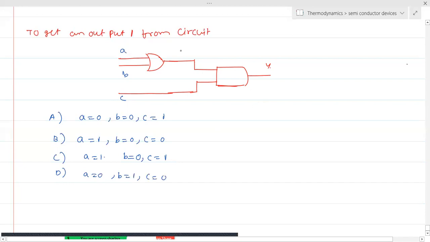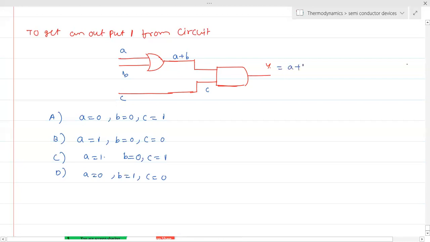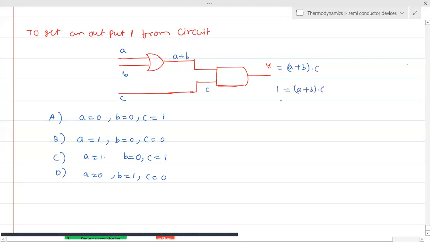We can easily do this without checking the options by using Boolean expressions. So this is A plus B and this is C. So Y is the product of A plus B and C. When Y is 1, A plus B into C equals 1, so definitely C equals 1 and also A plus B is equivalent to 1.